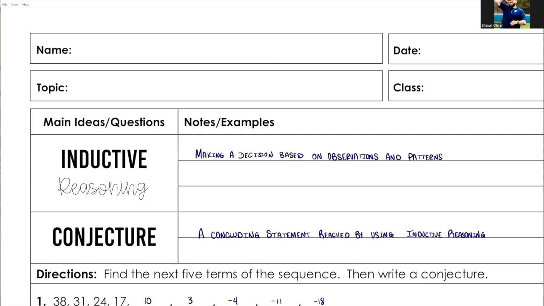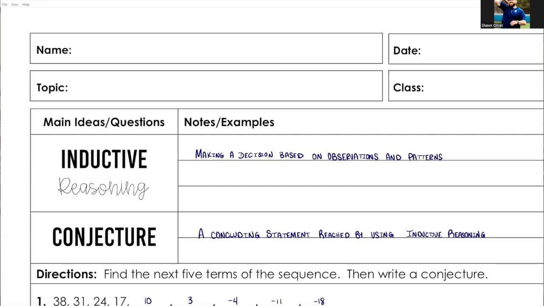So it's basically like a hypothesis in science class. For math, a conjecture is a concluding statement reached by using inductive reasoning. So it's an educated guess based on the pattern that we are looking at.